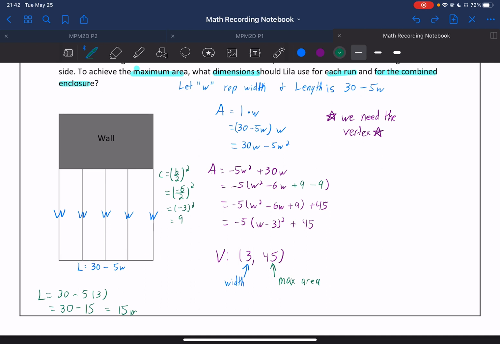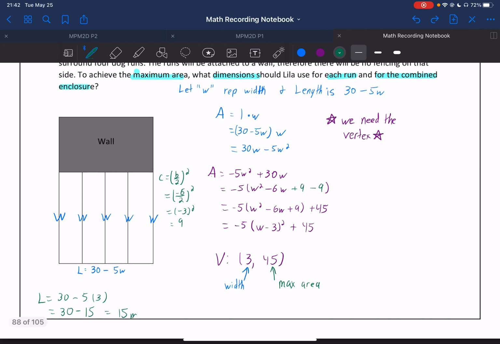But there are 4 runs. Remember, it's asking us for each run what the enclosure is going to be. So that means we need to take this 15 and divide it by 4. So 15 divided by 4 is going to give us 3.75 meters.